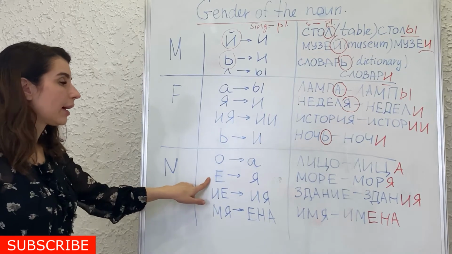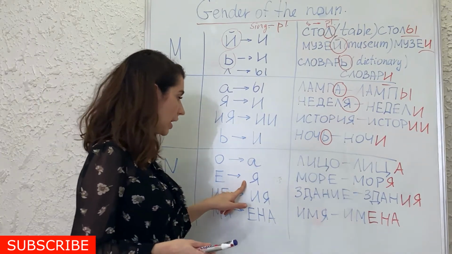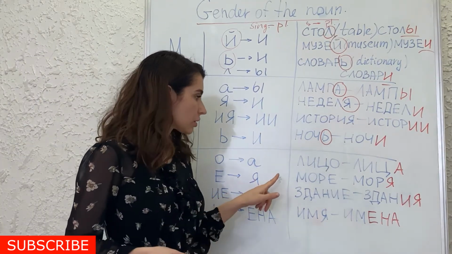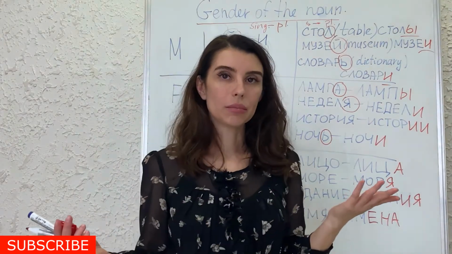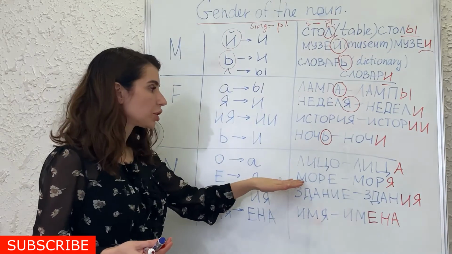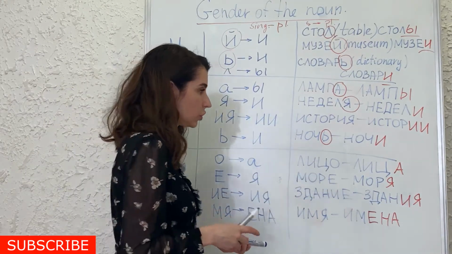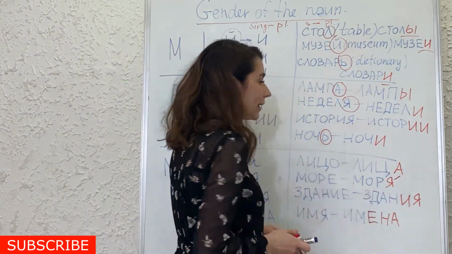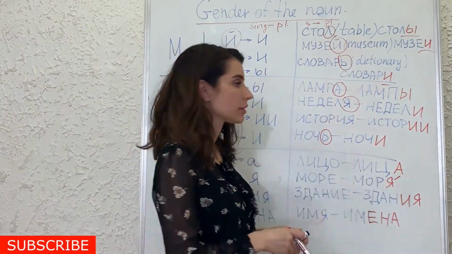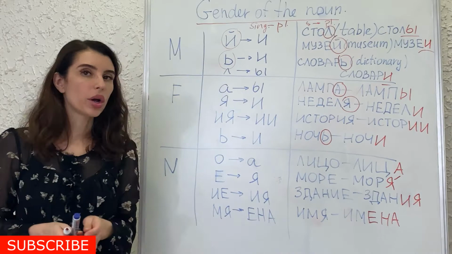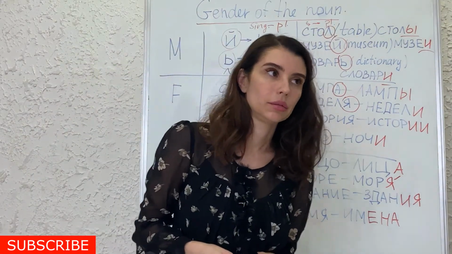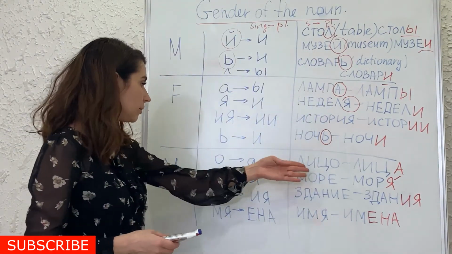Next, е changing to я. So море means sea, changing to моря. You see? Моря. Я under the stress. Море, моря. Sea.